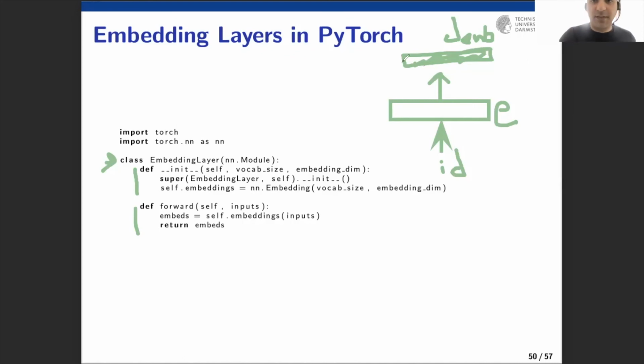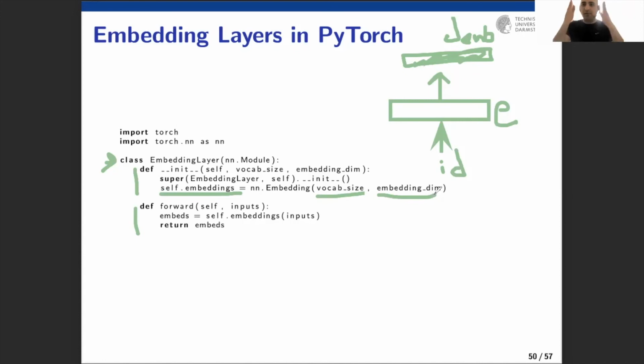The init function just defines the embedding layer. So the first layer that we have, or the first and the only layer that we have. So self.embedding is like an embedding, as we discussed. The input is the vocabulary size, and the dimension of the vector is the embedding dimension.